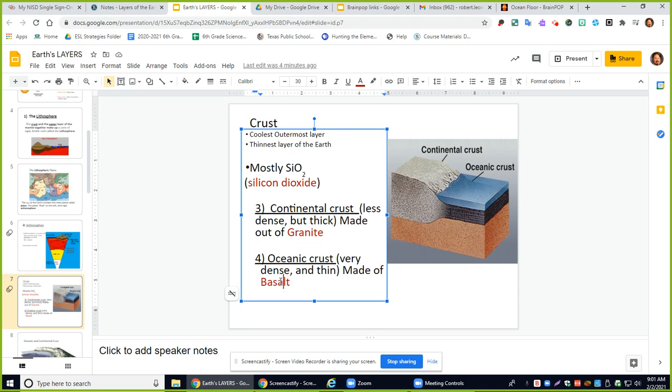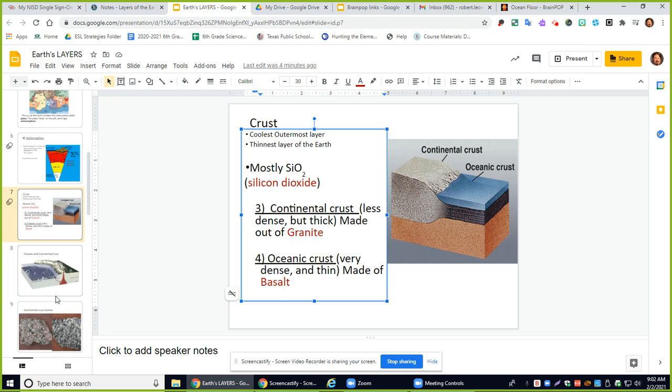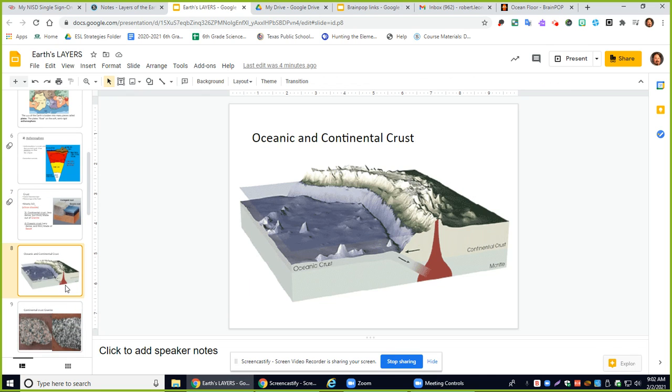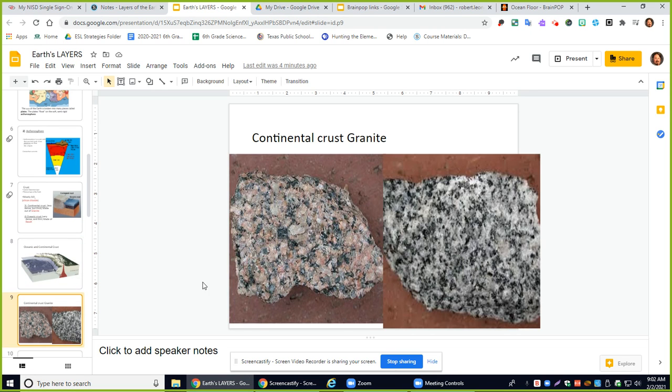This becomes very important when we talk about plate tectonics, because when continental crust and oceanic crust collide, the oceanic crust goes below the continental crust because it's so dense, so heavy. Oceanic crust subducts under continental crust.